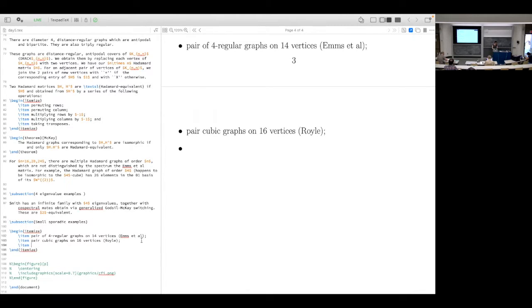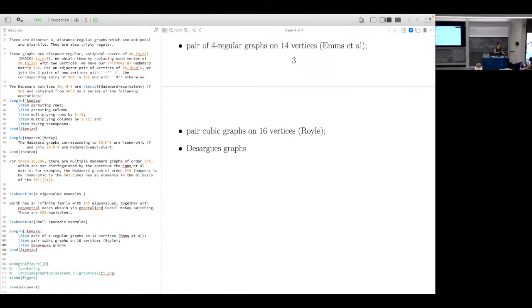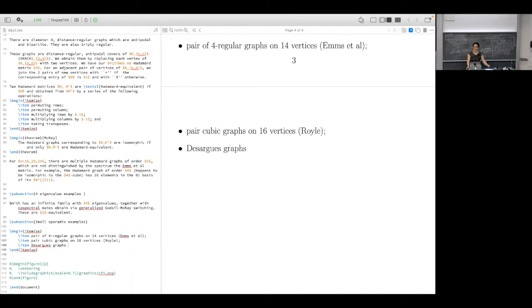Then there is another pair that I found when I was doing my master's thesis, wherein you can construct a Desargues graph. It is a distance regular graph, and also the double cover of the Petersen graph. The Petersen graph has an independent set of size 4, which Bill calls the hands and the knees of the Petersen graph. If you switch on the images of these 4 vertices on the left side of the Desargues graph, you can create a cospectral mate of the Desargues graph.